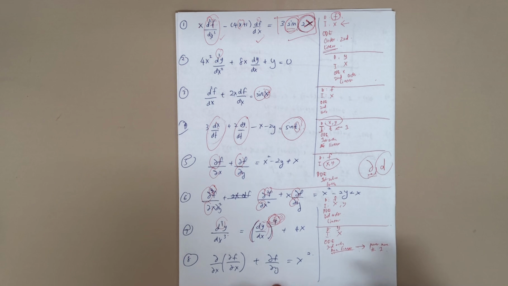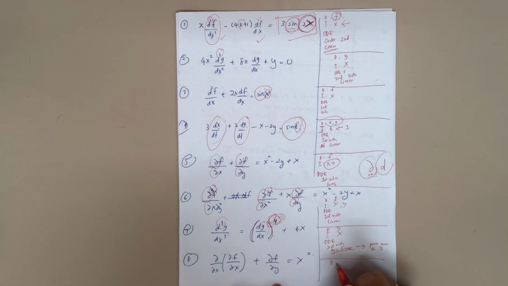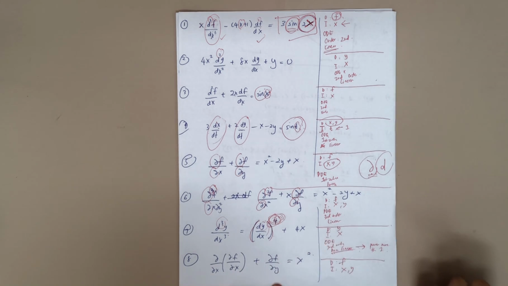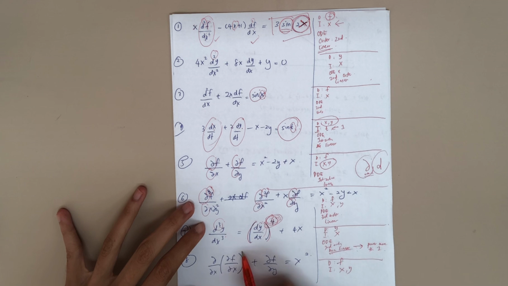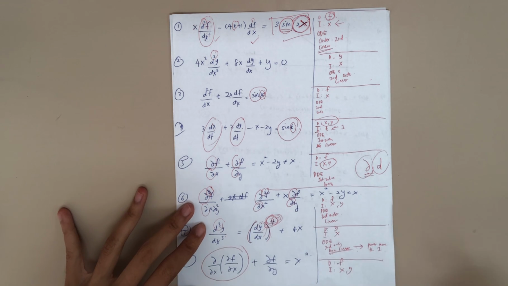Alright, for number 8, class. So what is your D? Your dependent variable here is f, and independent, they have 2, x and y. Maybe some of you will wonder, what is this? Actually, this is the way we write the derivative. There are many ways to write a derivative.